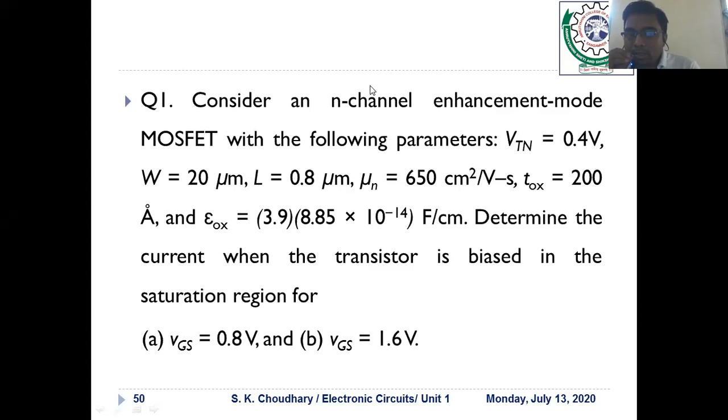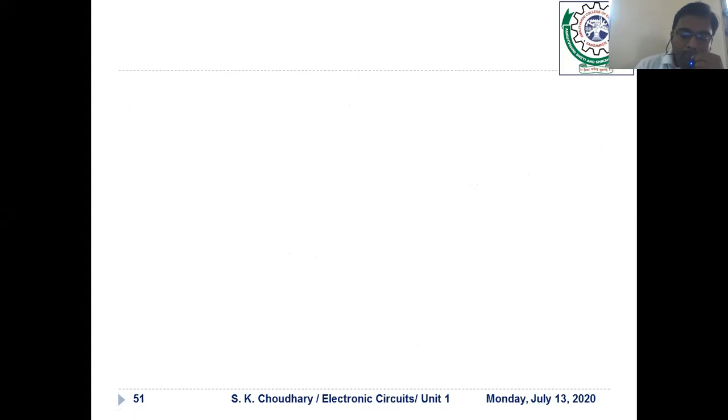Epsilon ox is equal to 3.9 into 8.85 into 10 to the power minus 14 farad per centimeter. You have to determine the current ID when the transistor is biased in saturation, for two VGS values: A, VGS equal to 0.8 volt, and B, VGS equal to 1.6 volt. Okay, so what is the solution for this?